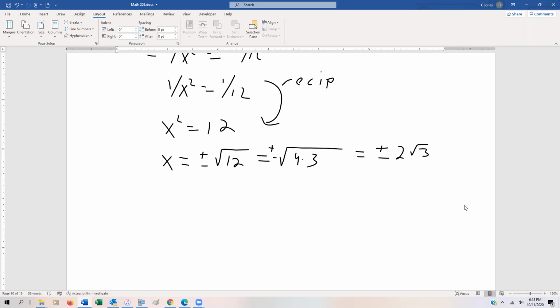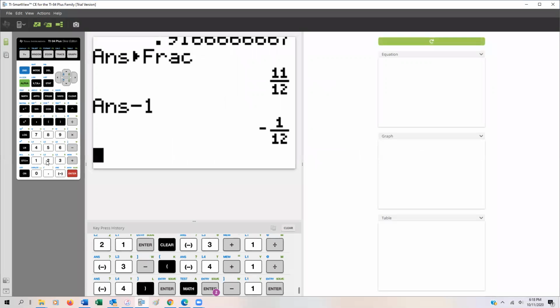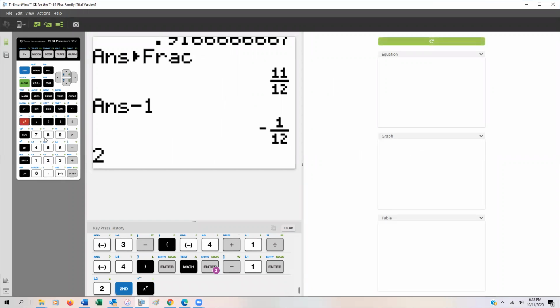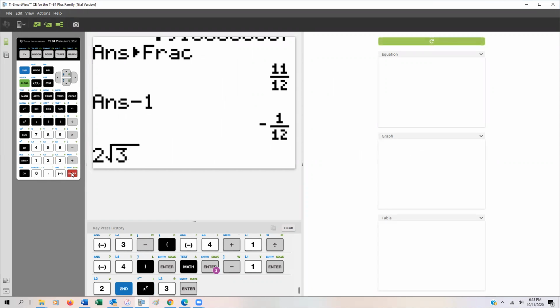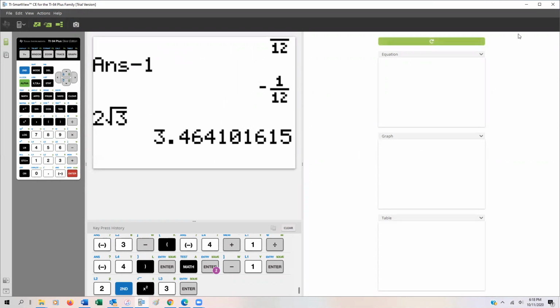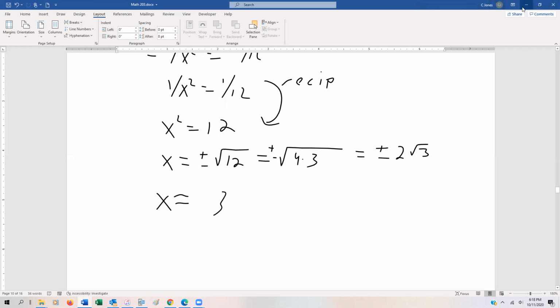Right. Now, let's get the approximation for plus or minus 2 roots of 3. So x is approximately, let's go in our calculator, 2 square root 3, and why does that matter? 3.464. All right.